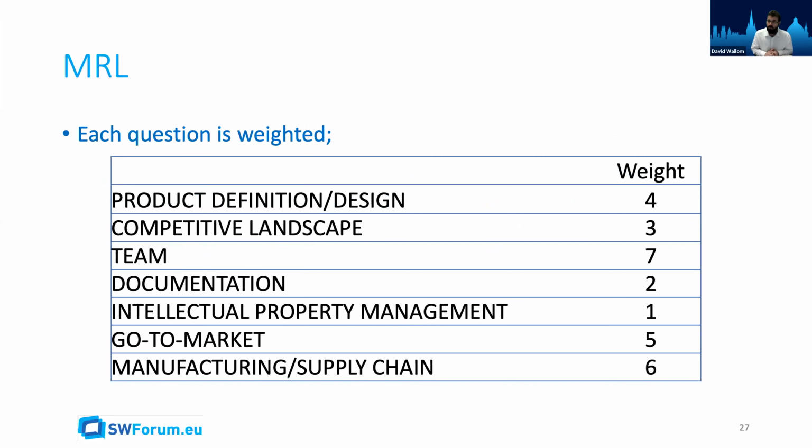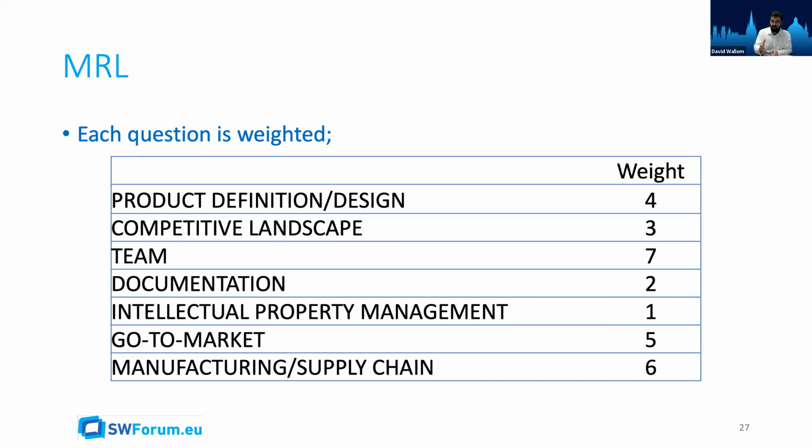Now, let's deal with MRL. First of all, this is of course dealt with in a different manner. We have many more questions to understand the inputs into the calculation of MRL. The first, of course, is to recognize from the 7 different areas that these are of different levels of importance.